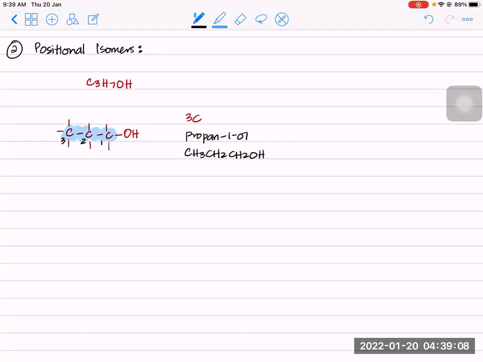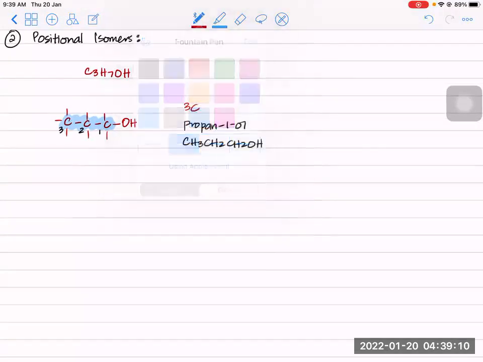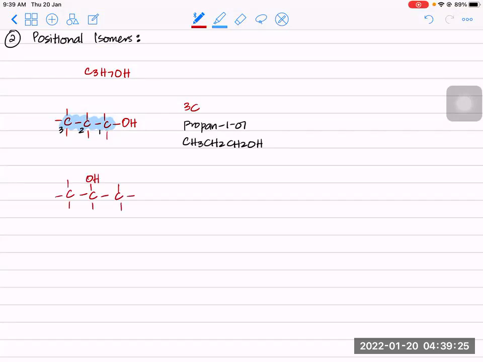Now, let's see another isomer for this. Now you got to change the position of the functional group. So the position here was on carbon number 1. Now you change the position of the functional group and put it on carbon number, let's say 2. Like this. So the main chain is still, you see how much? 3 carbons.